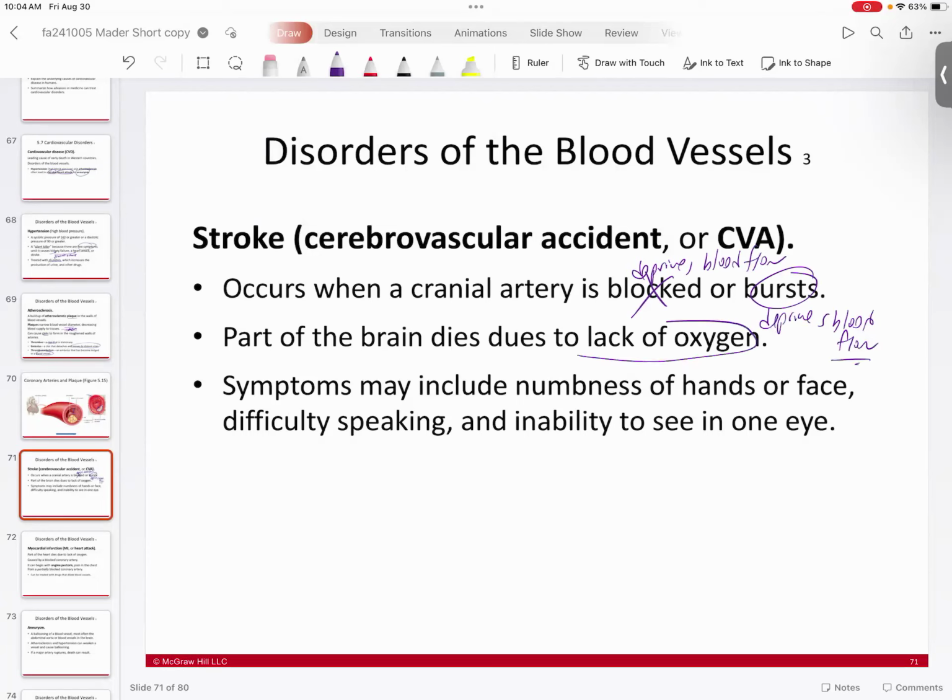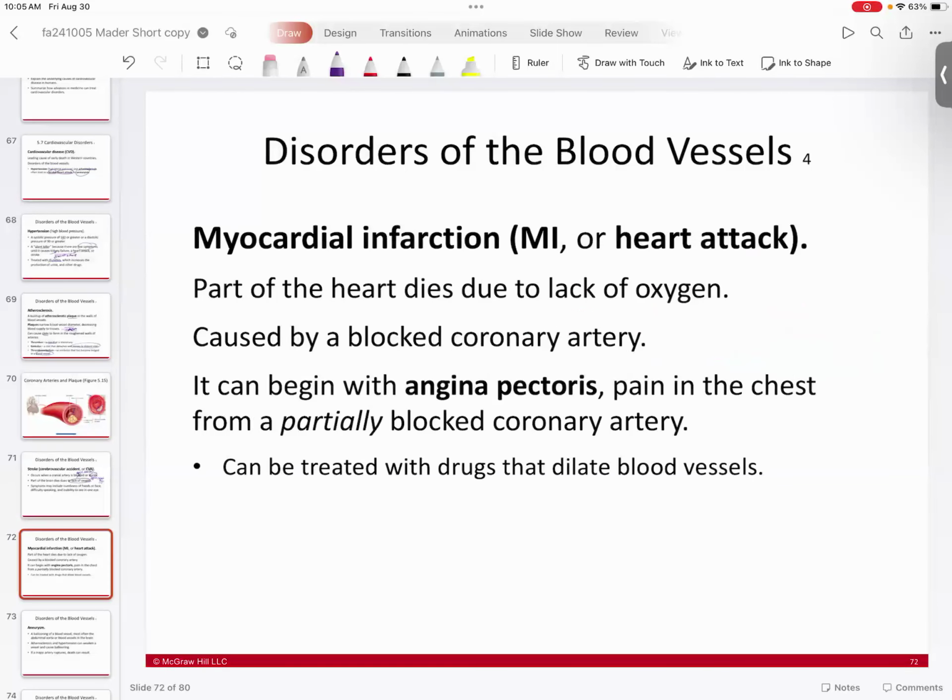Because of the deprivation of blood flow, a portion of your brain loses oxygen and then it dies. And that's basically where we get the symptoms of stroke. For instance, the numbness, speaking, coordination, the inability to see in one eye, things like that. So this just depends on which region of the brain and how much of the region of the brain was damaged. Strokes can be very different that way.